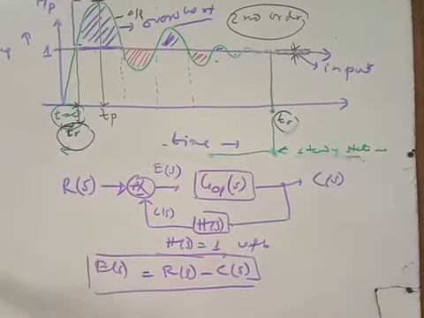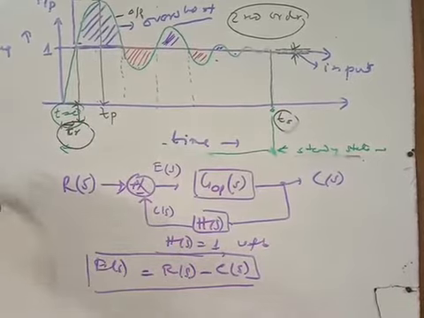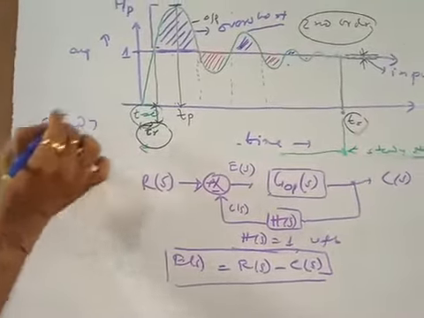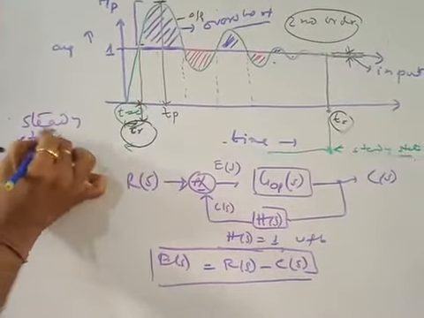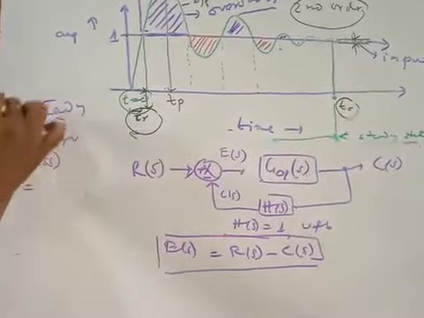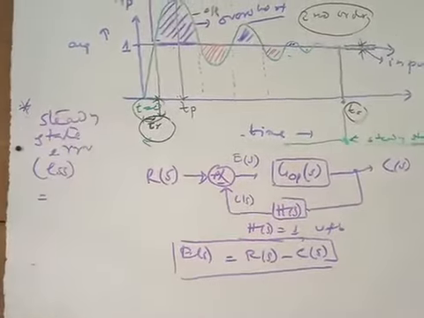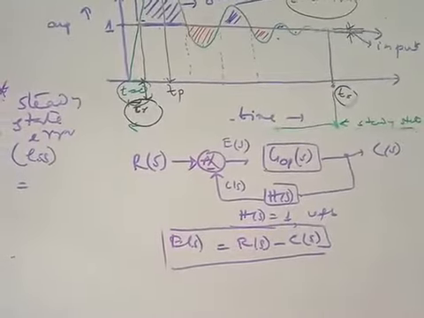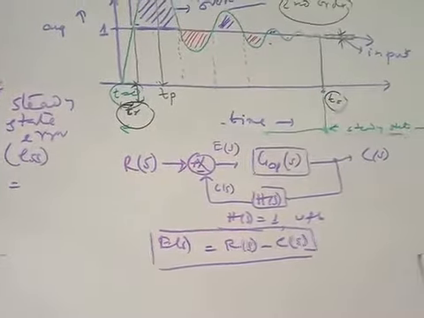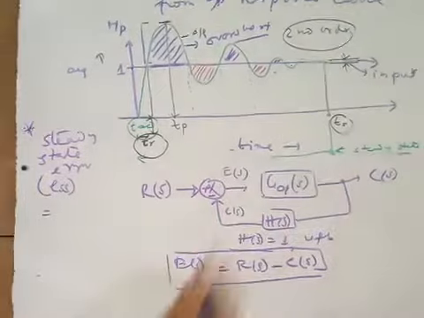And actually we are talking about the steady state error, right? Very important parameter, steady state error, normally denoted by ESS. Steady state error means when the system reaches the steady state, that means after the settling time is achieved, there is an error, right?